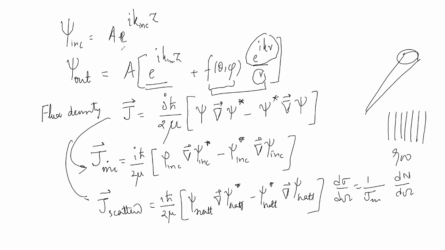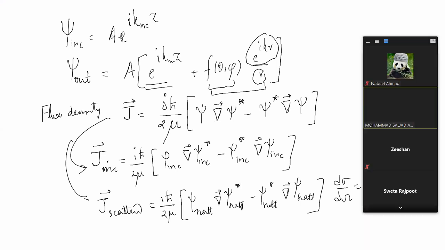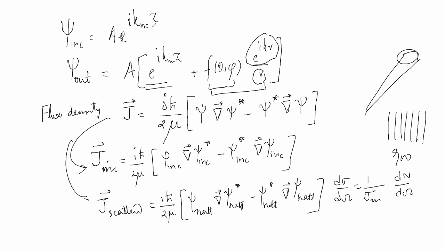Now, see, psi incident is e to the power i k incident z. That means what will be psi star? It will be e to the power minus i k incident z.